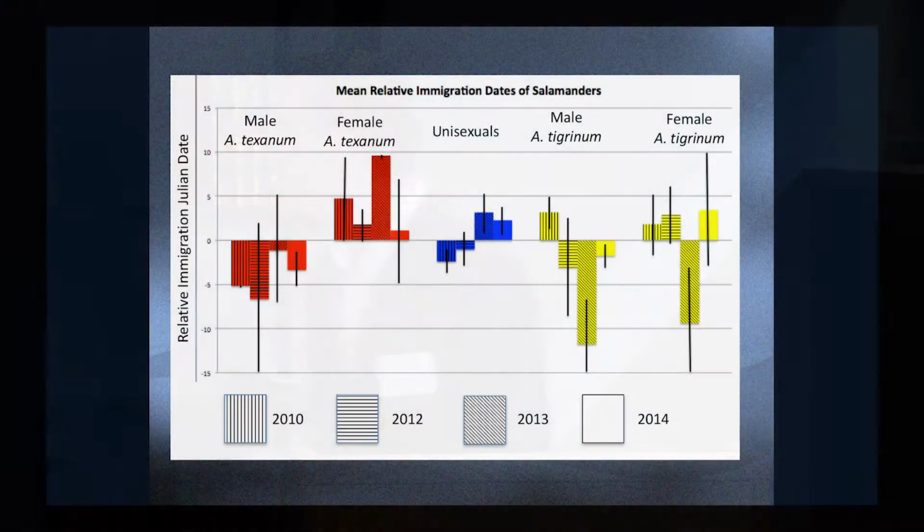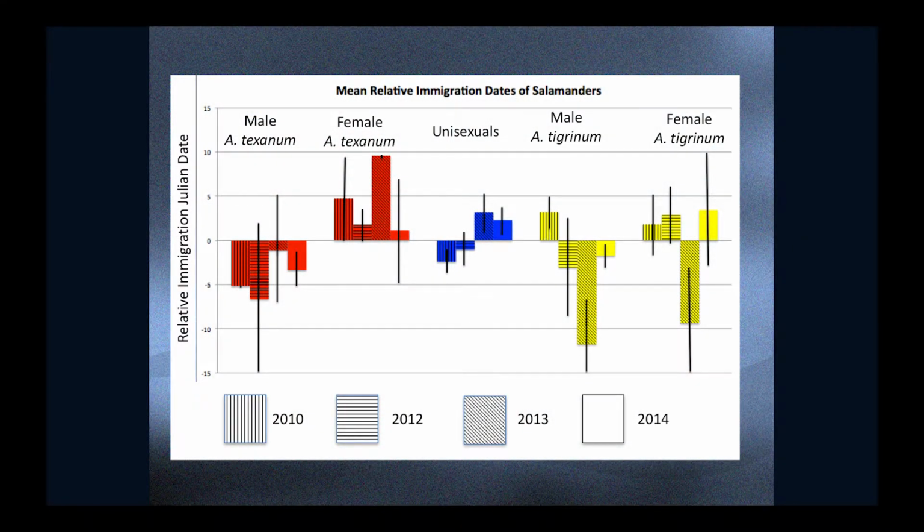And rain can also affect that. So in 2013 there was a drought, and when there's a drought, dry ground salamanders desiccate pretty quickly, so they prefer to move when there's rain. But the average immigration among all the species within the years is pretty similar. So again, that's correlated with weather usually.